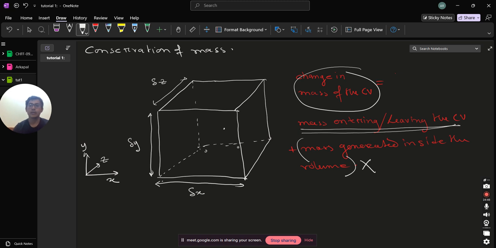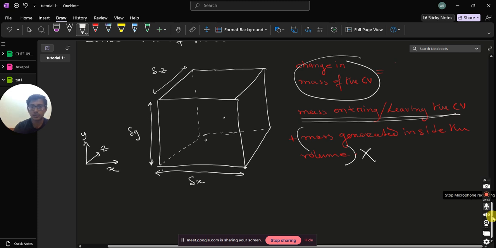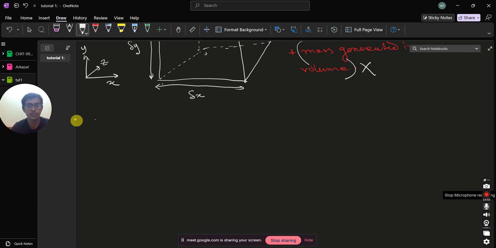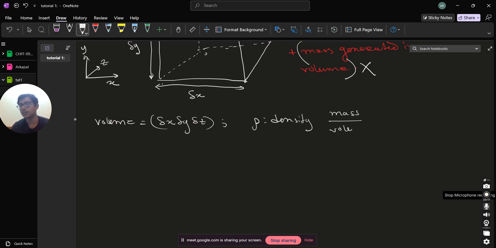Okay, so what will be the volume of this control volume? The volume is nothing but delta x times delta y times delta z, right? And how do we get the mass? There is a property of this fluid called density, right? Which is nothing but the mass per volume.